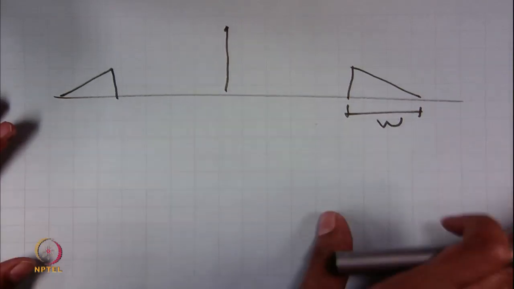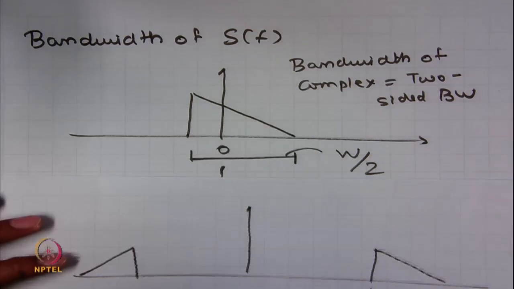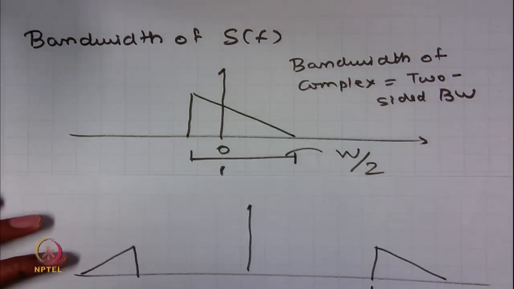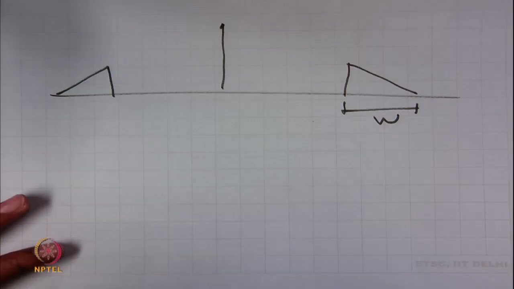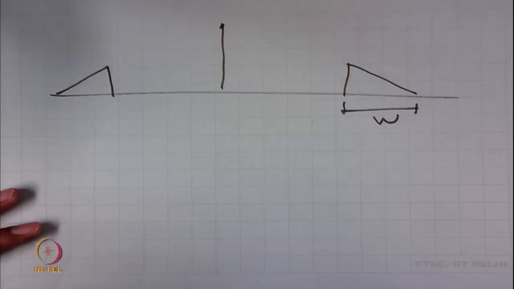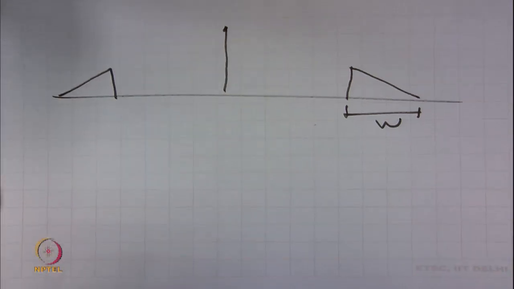Hence, if you want to think about the bandwidth of this signal analytically, the more proper definition would be the two sided bandwidth, because this two sided bandwidth corresponds to the bandwidth of the physical passband signal to which this complex baseband signal corresponds, and hence we would use this as the definition of the bandwidth of a complex baseband signal.